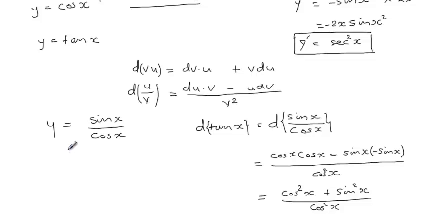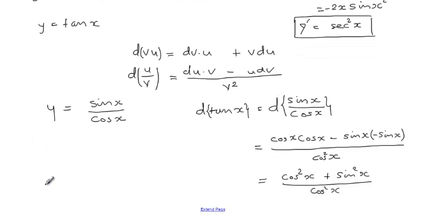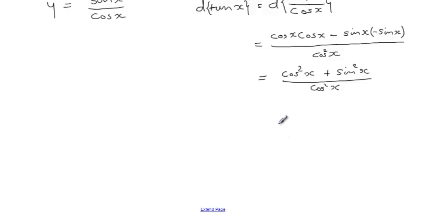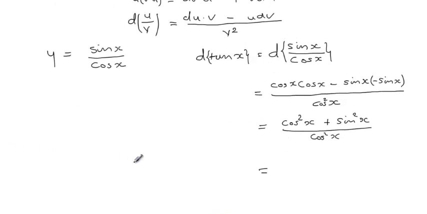Am I making myself clear, guys? Okay. So then from there, like I told you before, at school you hated these trig identities. I think you must start making peace with them, because if you don't have this trig identity, you cannot proceed to where you want. So what do we get there?